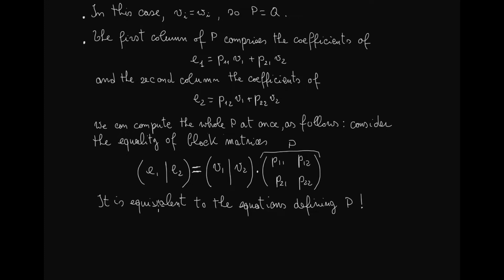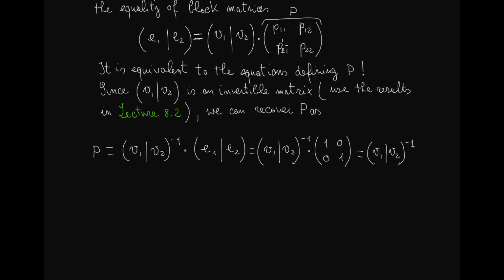This equality is equivalent to the equations defining P. That's immediate here from these two expressions. We can derive P from this matrix equality by multiplying by the inverse of this matrix both sides of the equation.